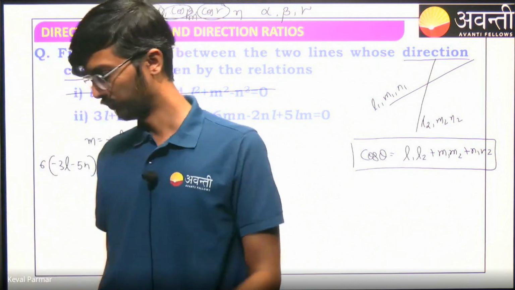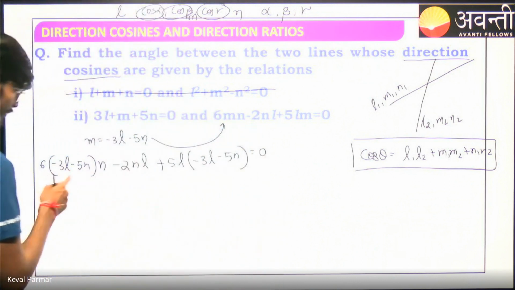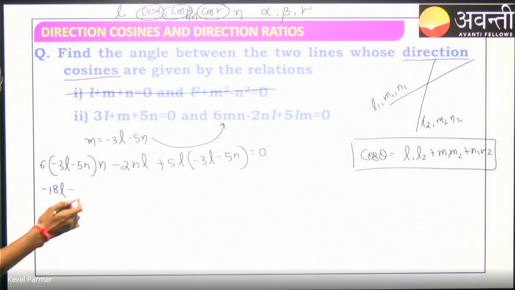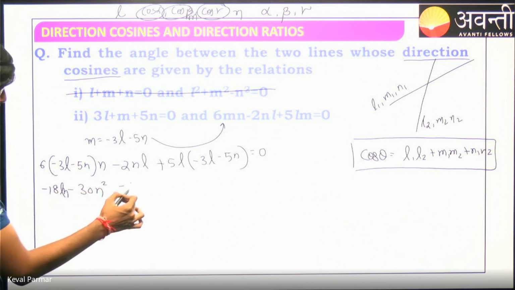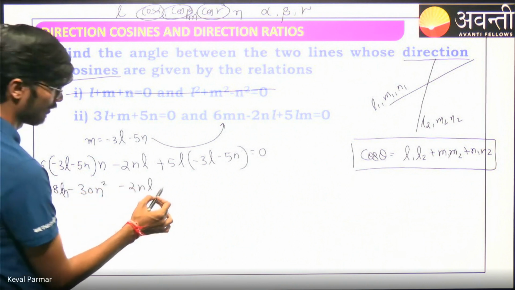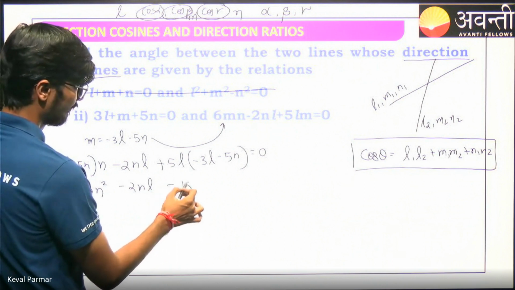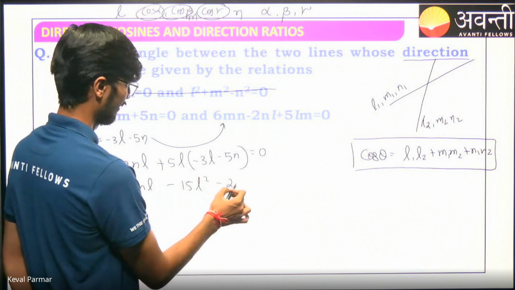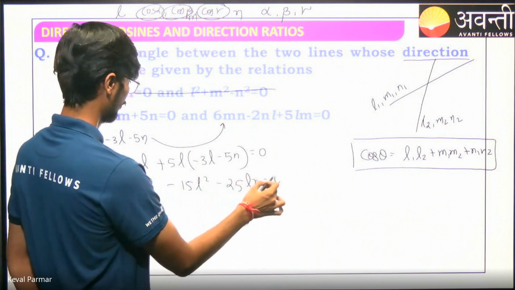All good? Superb. So let's solve this. I'll get minus 18ln minus 30n square, minus 2nl, minus 15l square, minus 25ln equals 0.